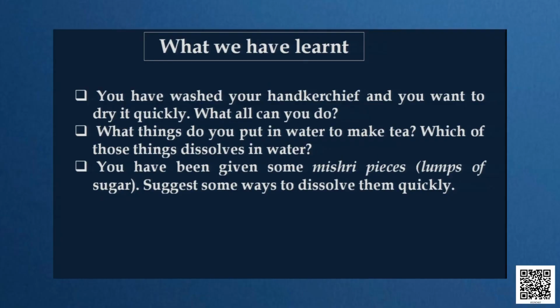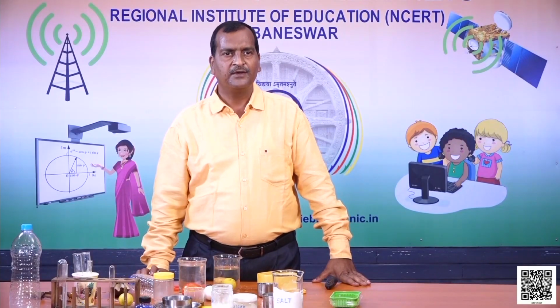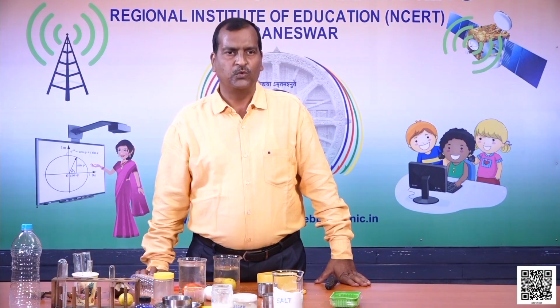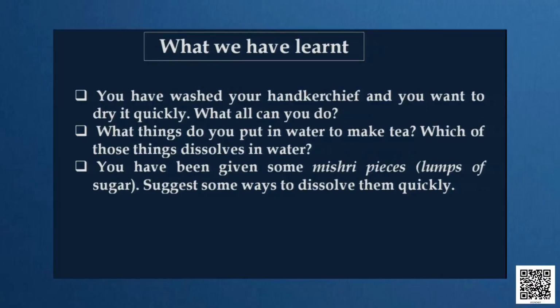You have washed your handkerchief the way I soaked it and want to dry it quickly. What all can you do? Try it. Do it and then write down somewhere. What things do you put in water to make tea? Ask your mothers, observe your mother, how does she prepare tea, or your father, how does he prepare tea?